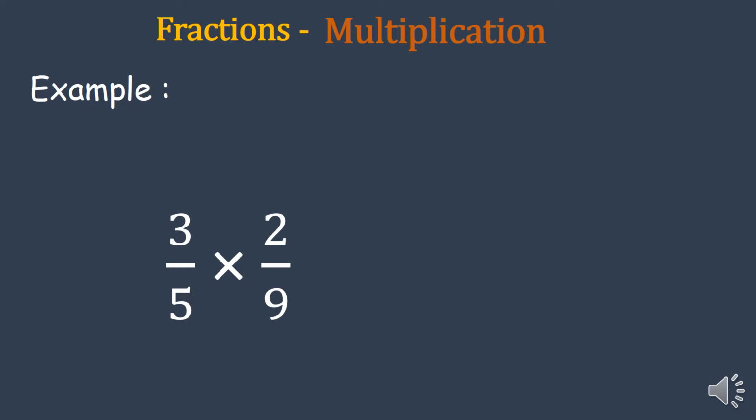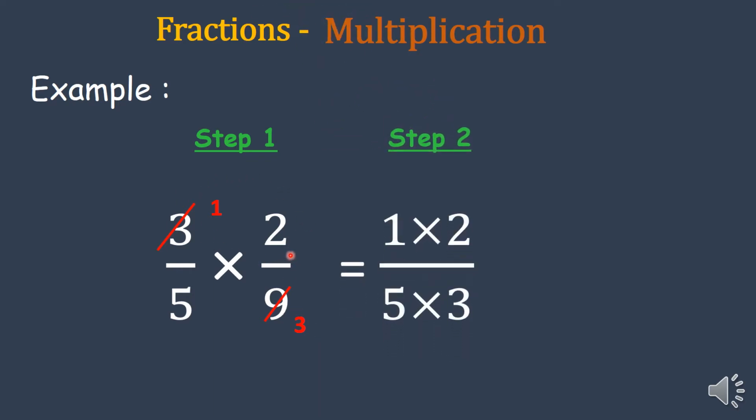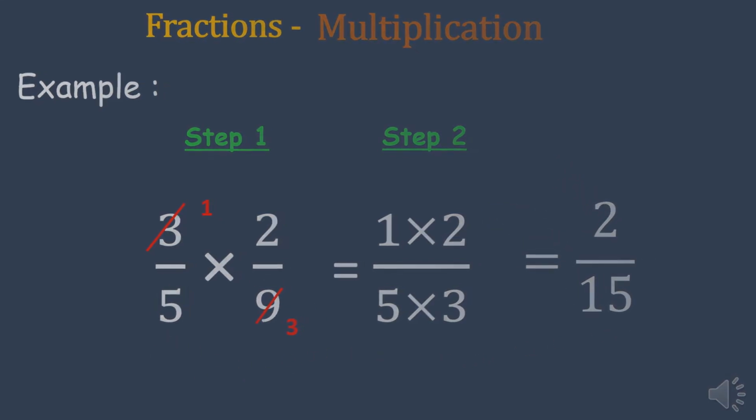As you see, we can cancel off the common factors according to step 1. And then we'll multiply the numerators and denominators separately. So here you get the final answer.